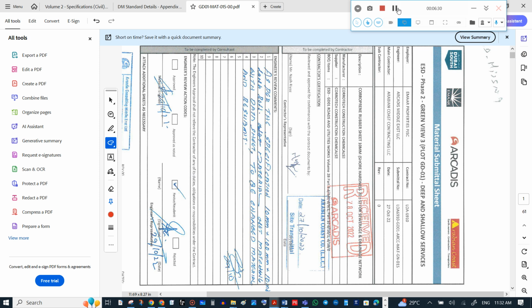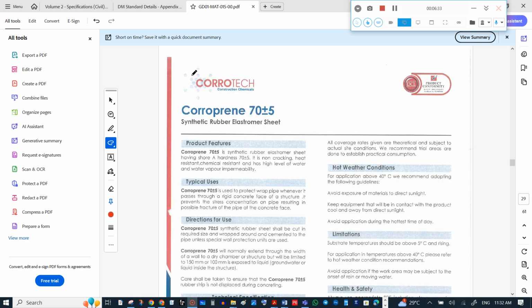So this company is Corrotech, and the brand name is Corroprene synthetic rubber sheet. It is a Corroprene 70 plus or minus 5 synthetic elastomer sheet, and it is non-cracking, heat resistant, chemical resistant. Typical use is to protect a wrap pipe whenever it passes through a rigid concrete face or structure.